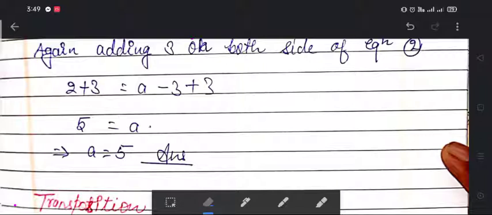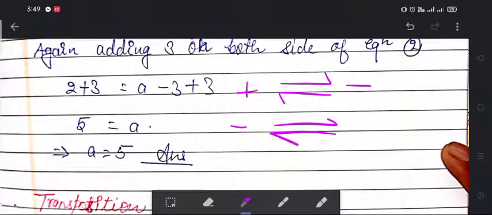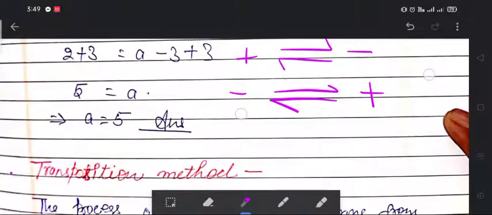The rule is very simple: whenever any number having any sign crosses the sign of equal, its sign becomes reversed. That is, when plus goes to the right side it becomes minus, and when minus goes to the right side it becomes plus.